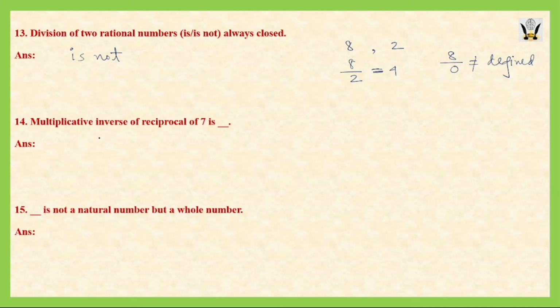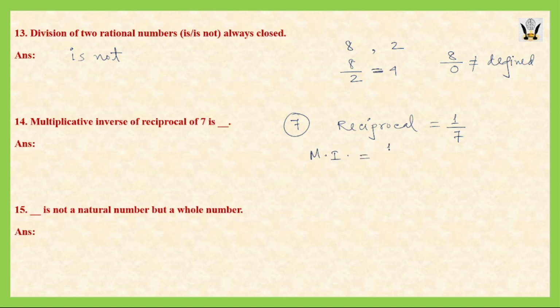Now the next question is about the multiplicative inverse of the reciprocal of 7. First we have to see what the reciprocal of 7 is. If 7 is the number, then the reciprocal will be 1 by 7. And then we have to find the multiplicative inverse of that reciprocal.